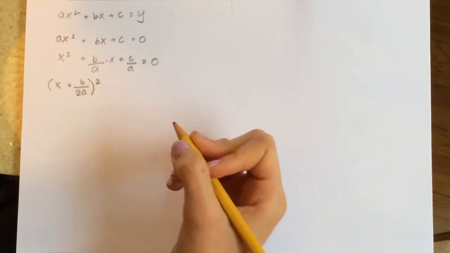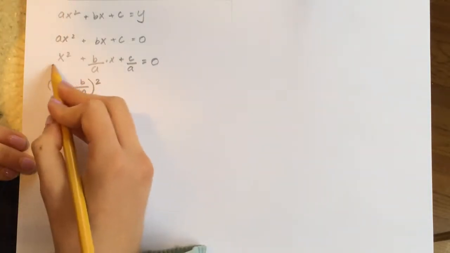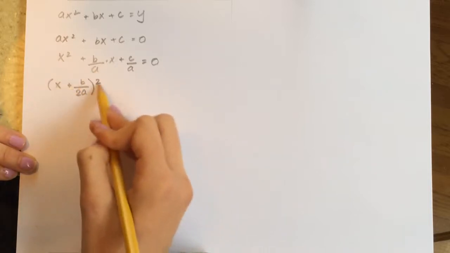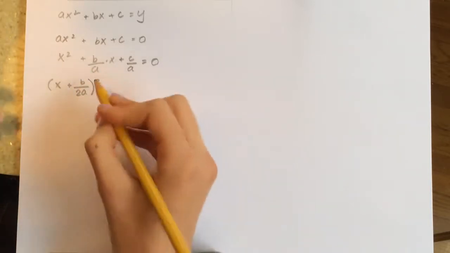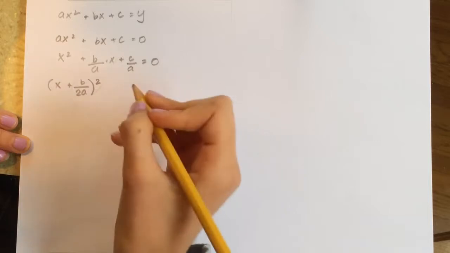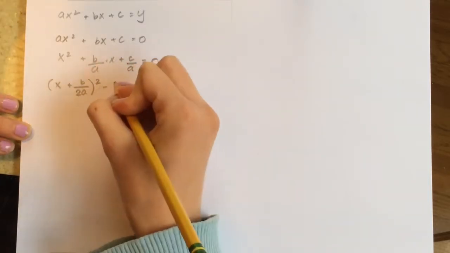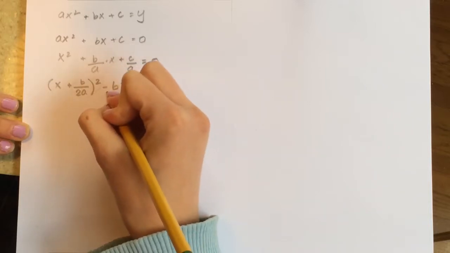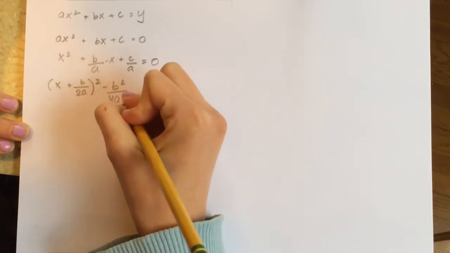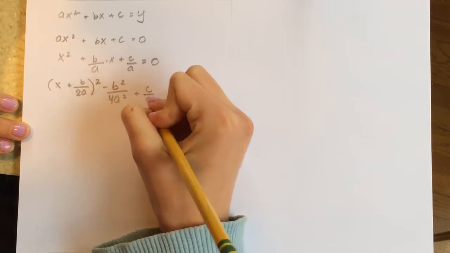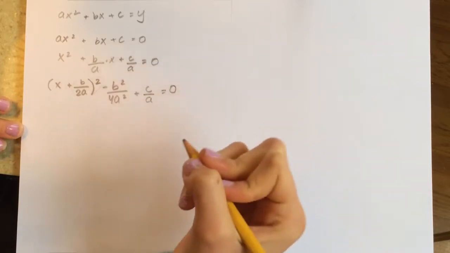But this is not true that this term equals this term, because we have an extra term right here, and that would be b divided by 2a, squared. So we have to subtract this to make it equal. So it would be minus b squared divided by 4a squared plus c divided by a equals 0.